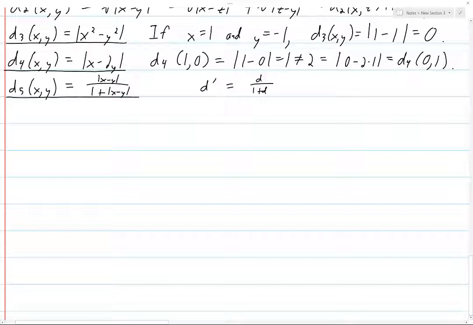So d prime is your new distance function, and the new distance between x and y will be, you use your old metric d to find the distance between x and y, and then divide by 1 plus the distance between x and y. And if you do this, your metric space will go from being infinite to having any 2 points being at most distance 1 apart.